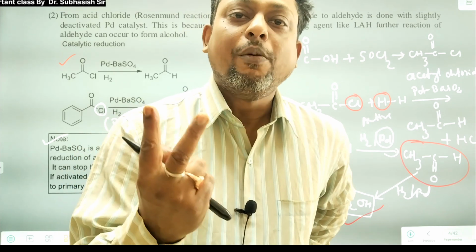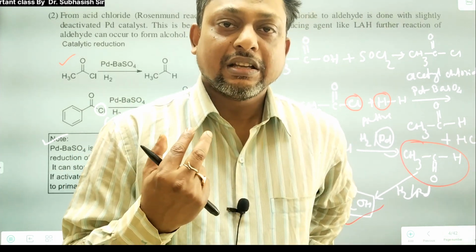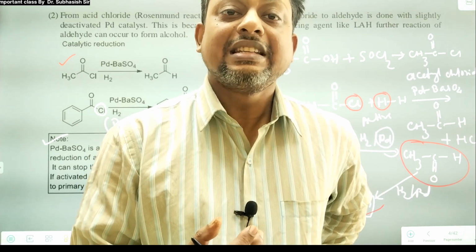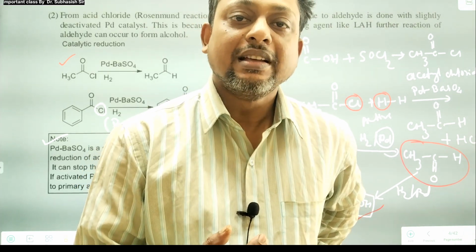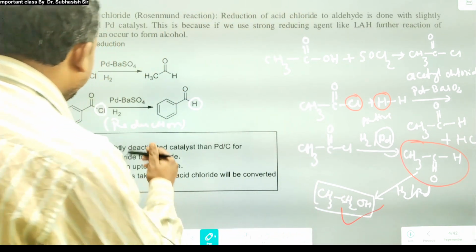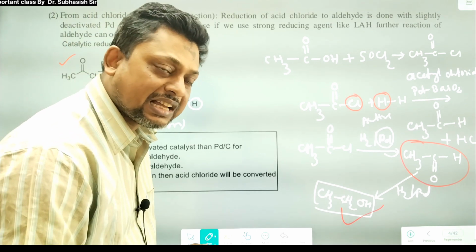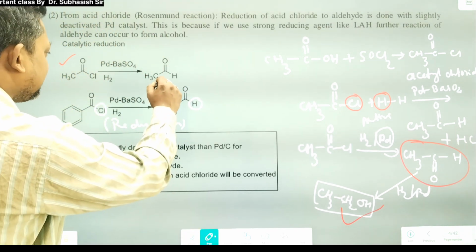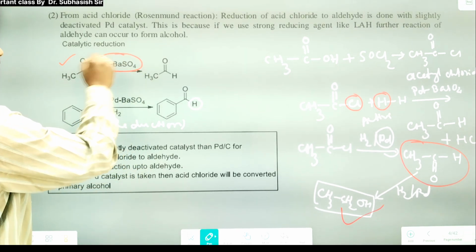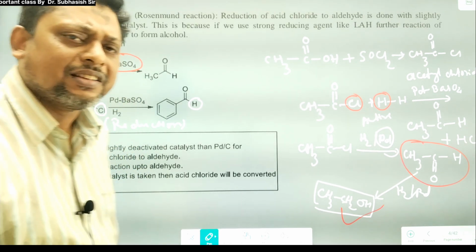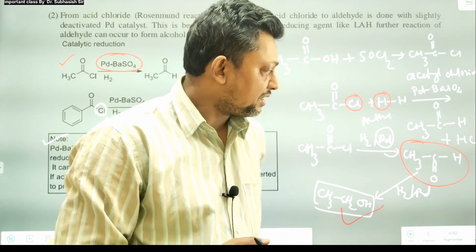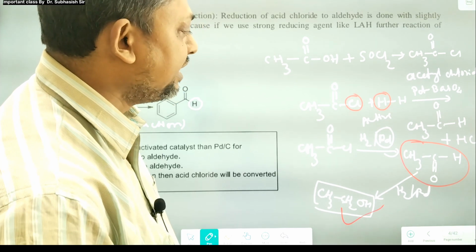Then instead of getting only the aldehyde, you end up with aldehyde and alcohol. So you will get two products, but in organic synthesis we need only one product, which is called a selective reaction. Selectivity is a major concern in organic synthesis. So if you want to synthesize aldehyde from acetyl chloride selectively, we use palladium on barium sulfate, which is a slightly deactivated catalyst. That means this reaction can be stopped at the aldehyde.